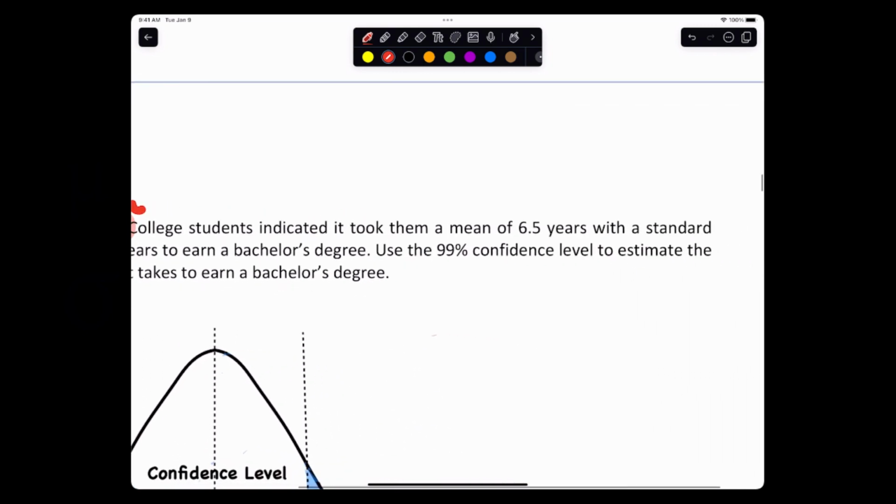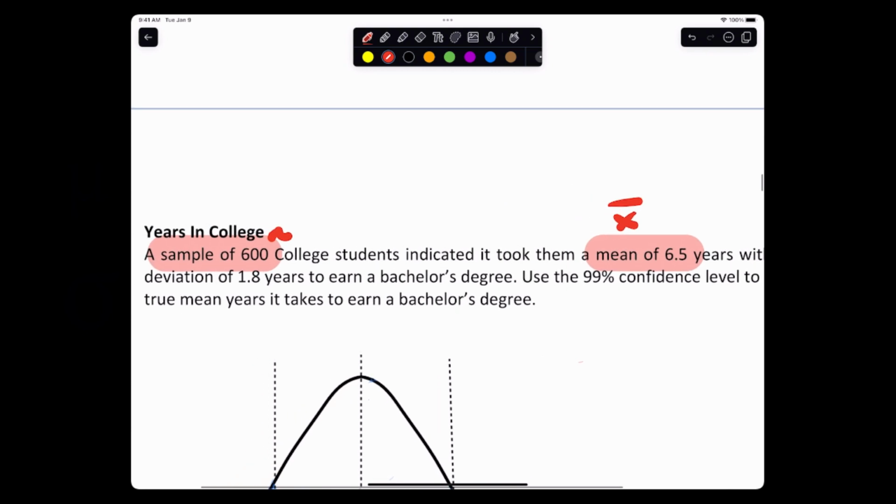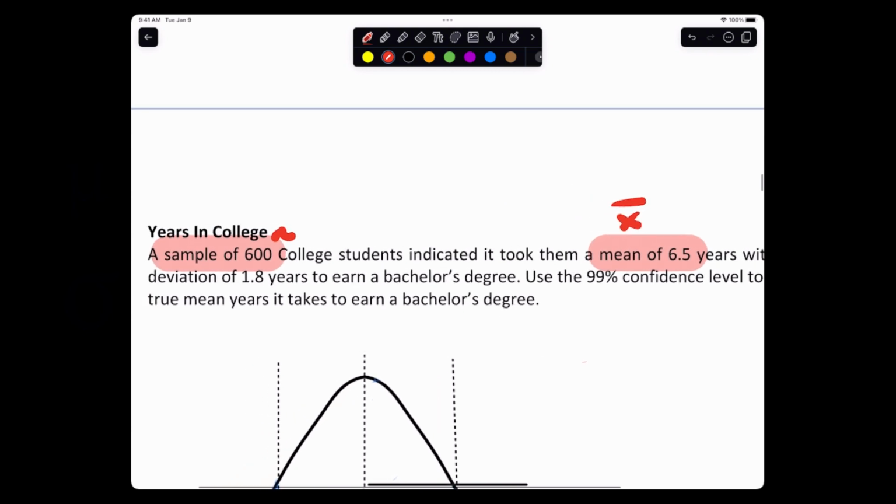And it took them a mean of what? It's a mean that came from a sample. So that's the x bar, the sample mean.